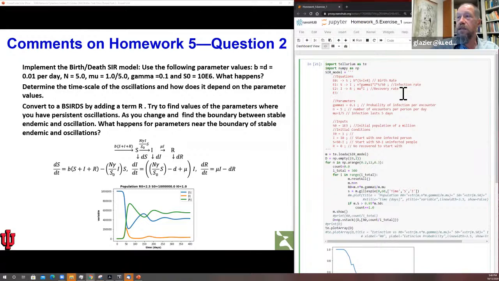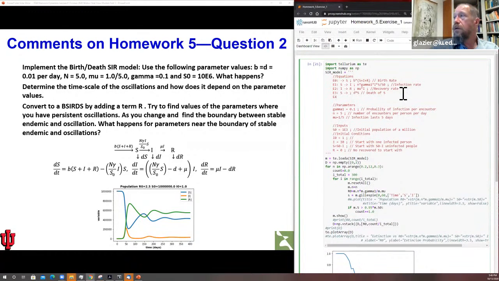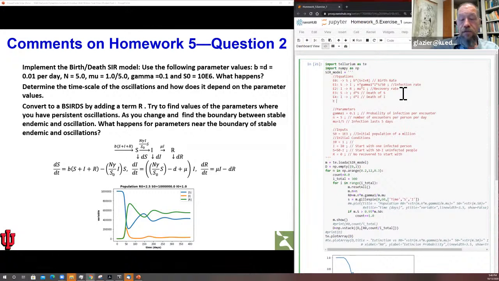We're going to have our S's die, which is S goes to nothing, and the rate will be D times S. We'll have I goes to nothing, and the rate is D times I. And we'll have R goes to nothing with a rate D times R.